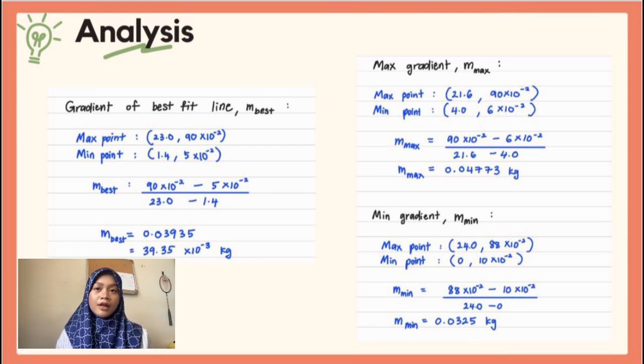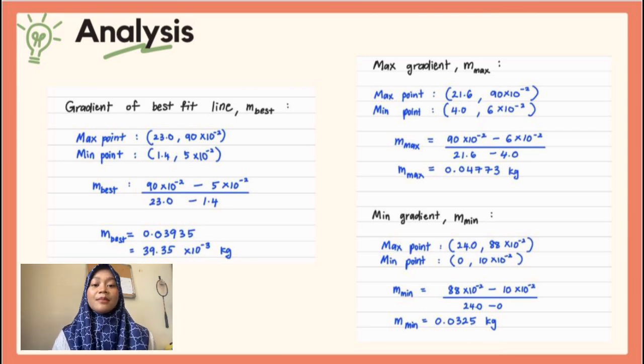The minimum point is 1.4 and 5 times 10 to the power of negative 2. And when we put the values into the gradient formula, we find that the gradient of the best fit line is 39.35 times 10 to the power of negative 3 kg.